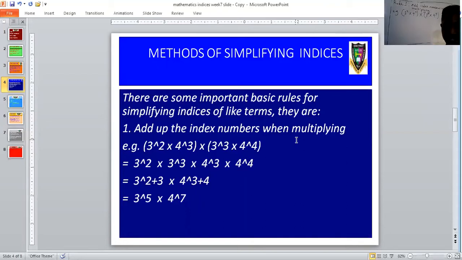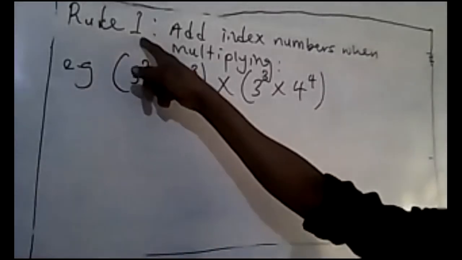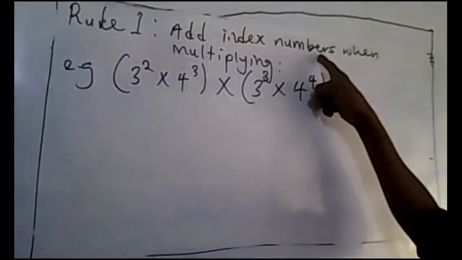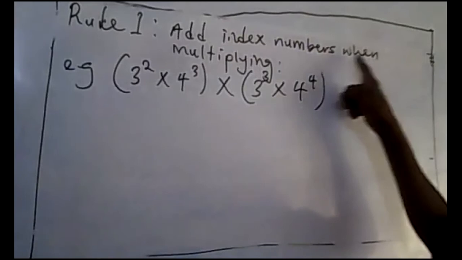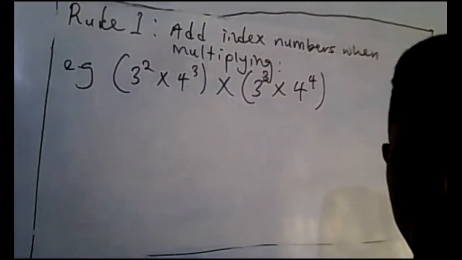I want to explain to you what the rule says. Rule number 1 says add index numbers when multiplying.